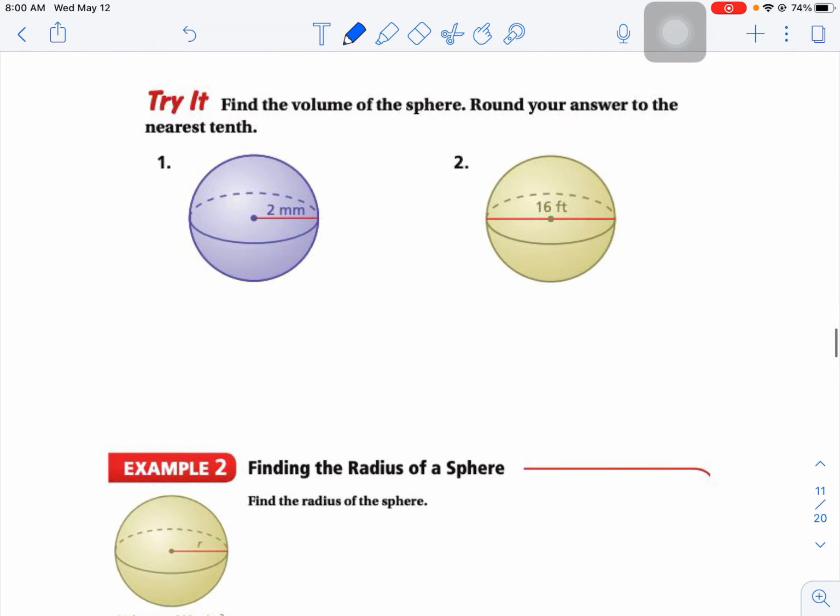All right, same idea here for the next two. You can go ahead and pause the video to solve these on your own. And then after you solve them, you can play it back to see if you are correct.